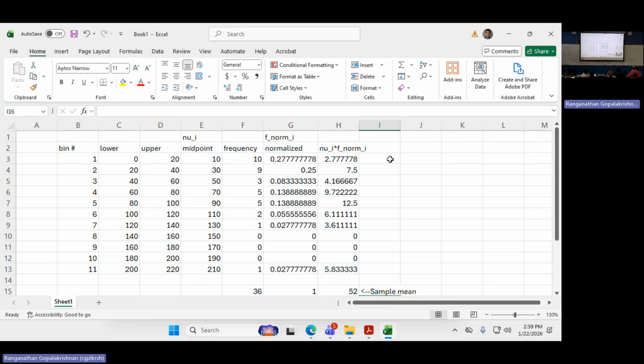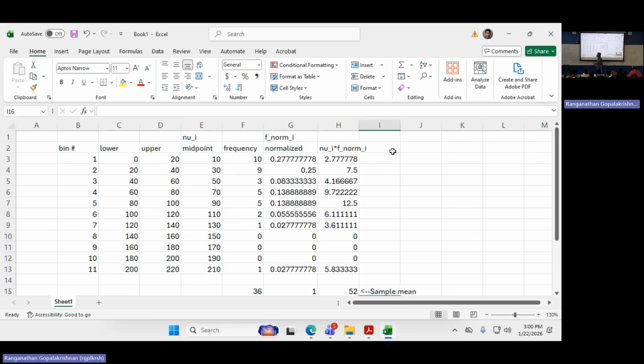Okay, we need to compute standard deviation. So I want you to just look at your notes and see if we have a formula for standard deviation, and if so, we need to write that down first. Okay, we need a formula for standard deviation.